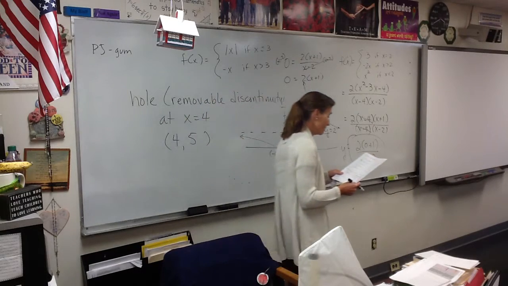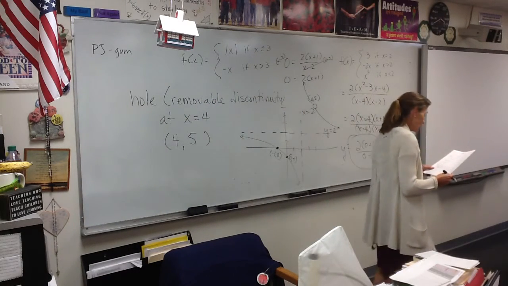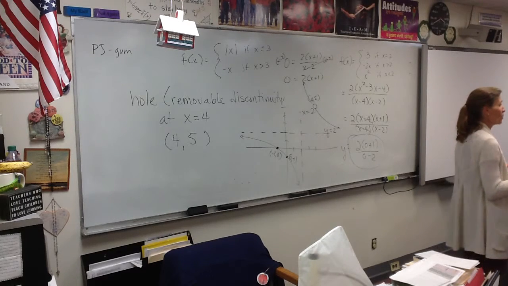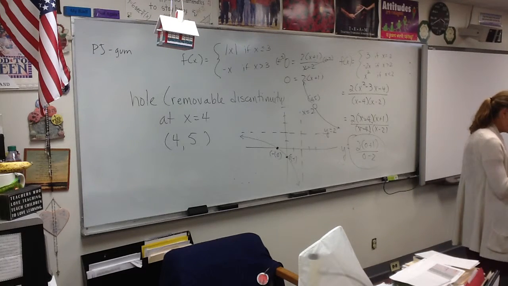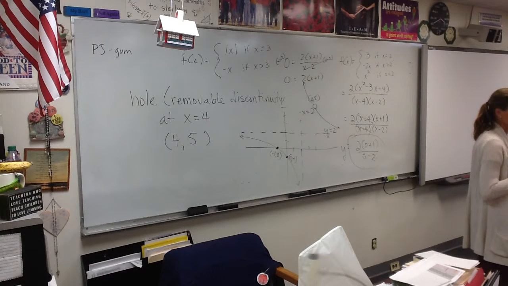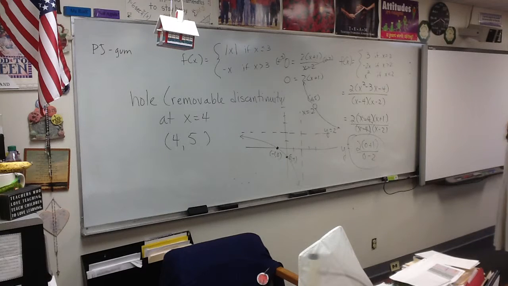Number 6. Is the function drawn below bounded? Now, I wasn't as picky on this question as I might have been. I really looked for the word in your explanation, bounded below. The actual answer to the question is no, it isn't bounded, because to be bounded, you have to be bounded above and below.